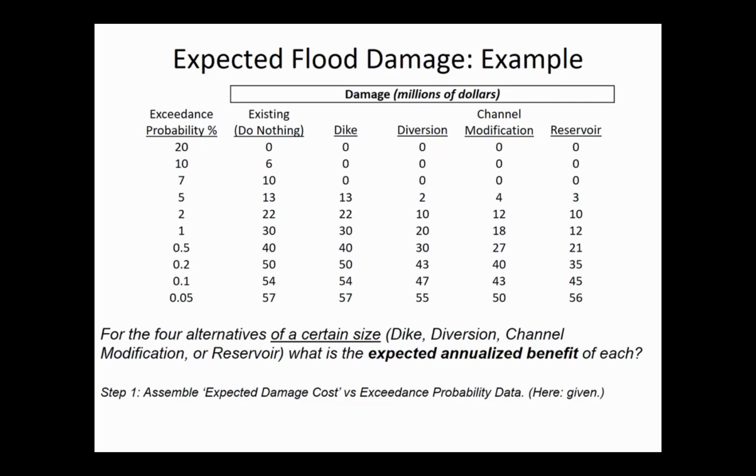You'd have to essentially evaluate all of them to generate this data, and so it would not be negligible to prepare this table. But once you have it, you can calculate the damage reduction versus this do-nothing existing alternative. So we're going to find out how much damage is avoided versus the exceedance probability.